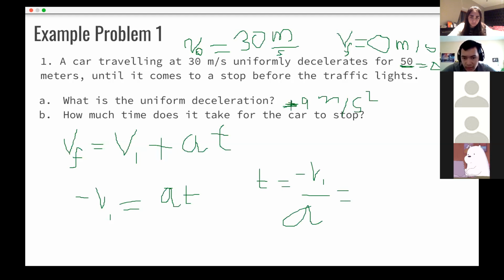So we have negative 30 meters per second divided by negative 9 meters per second squared.